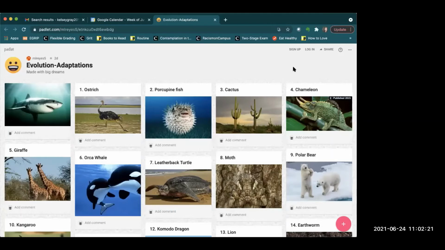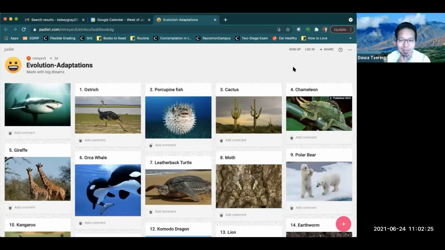So the cactus, it has, what they said, a deep root to absorb water from the ground, and with the physical structure above the ground, it has thorn-like structures.